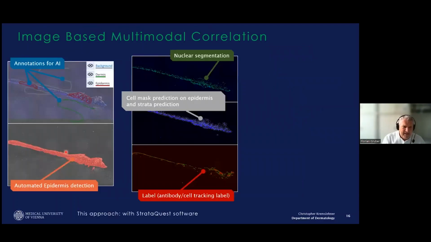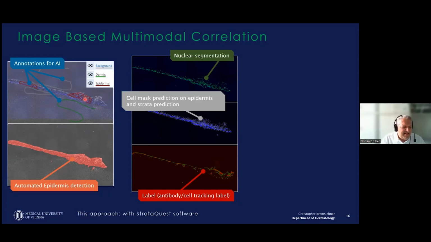And our image-based multimodal correlation starts by drawing annotations for an artificial intelligence algorithm, so that it learns where to recognize the epidermis in a section that was stained with DAPI, so with some nucleotide, and with antibodies.